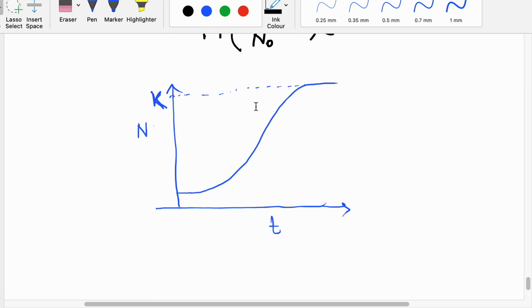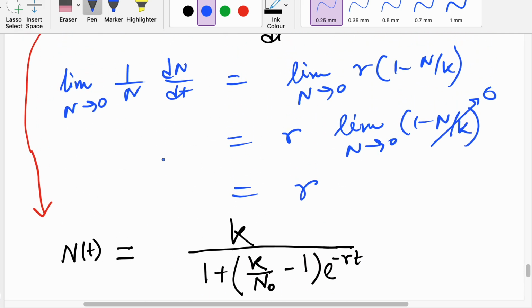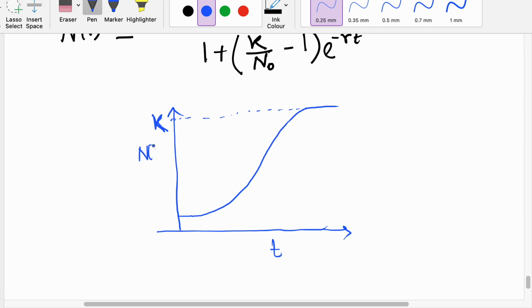So that's how we draw this curve for n(t) with time t. As we have seen, at n equal to 0 this dn dt will become 0, so you can see that it is parallel to the t line.